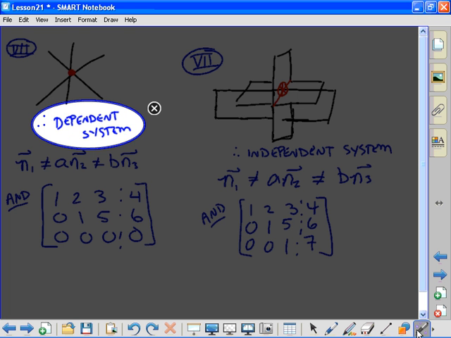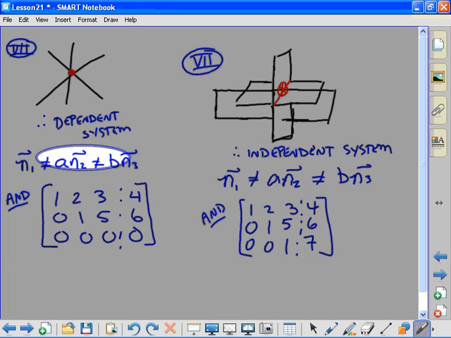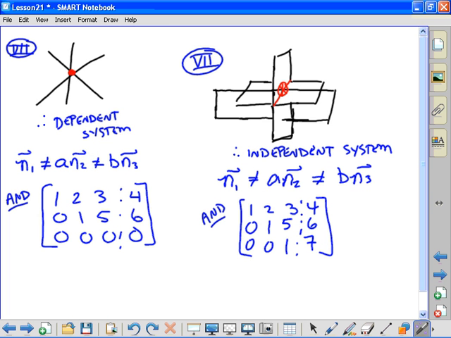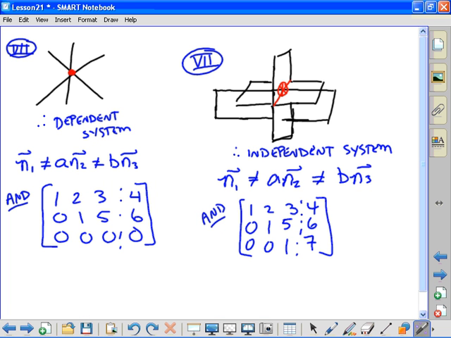You'd end up with a line as your solution, and it occurs when all three normals are not in the same direction. And this is what the resulting matrix would look like. You get a row of zeros again, but you have to do the check because when you check your constants for situation number 7, you'll know that you're not dealing with parallel planes.